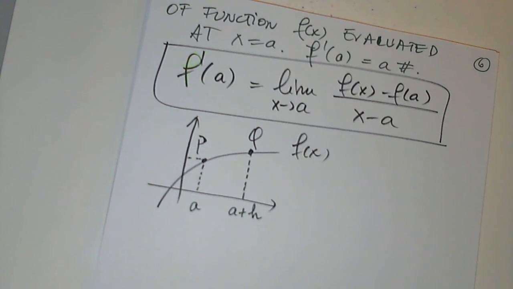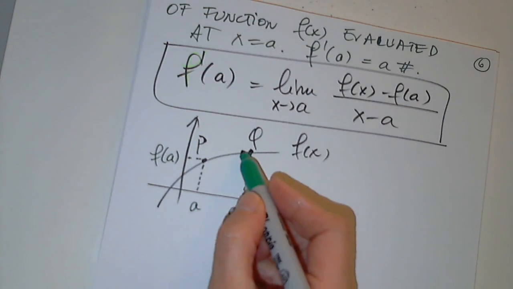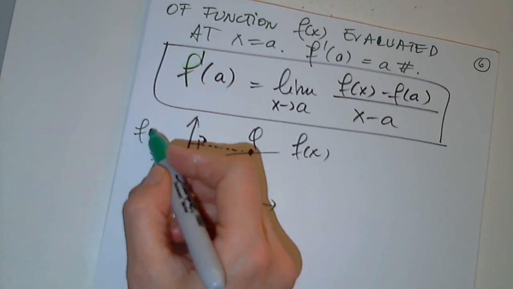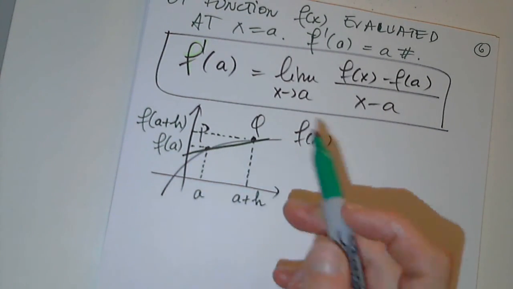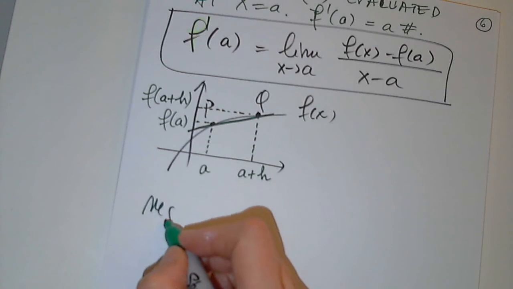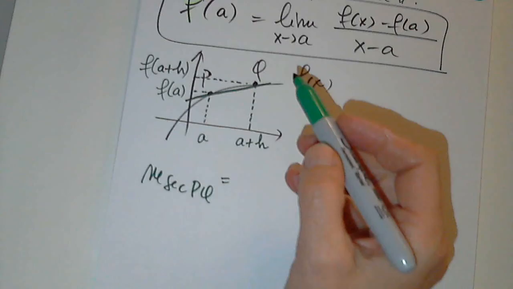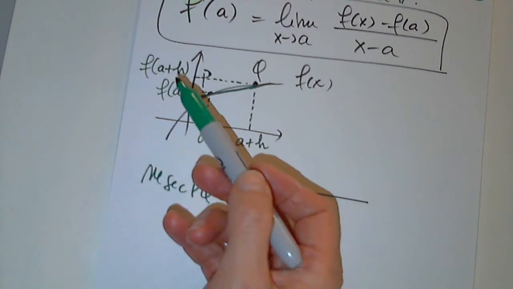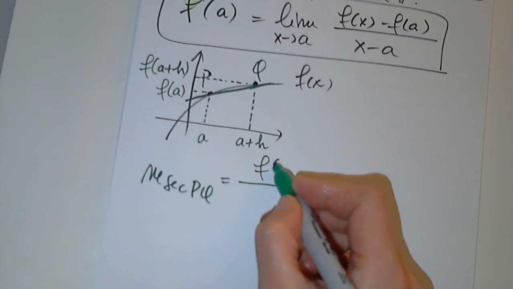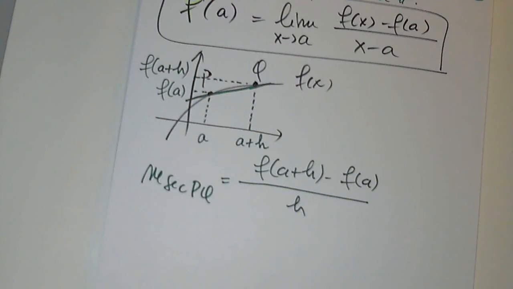And this is obviously f of a plus h. And now, of course, I want the slope of the same line, the secant line. What is that going to be equal to? Based on the limit, f of a plus h minus f of a all over h. Very good, which is a plus h minus a, but we already know the answer.